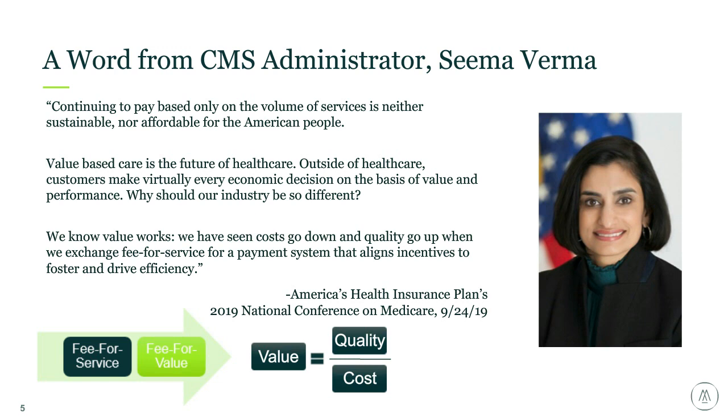You don't have to be a certified public accountant to understand that value happens when you have high quality at a low cost. So very simple math. That is essentially what the new programs coming out of Medicare are trying to incentivize. High quality and lowering or at least stabilizing the growth in cost, reducing the magnitude that it grows each year.